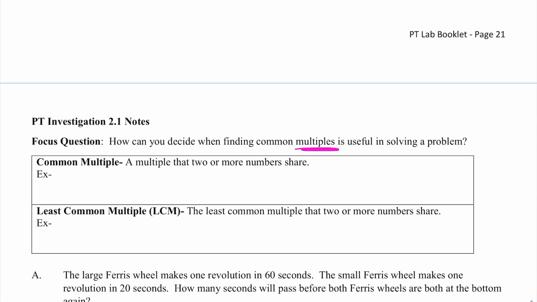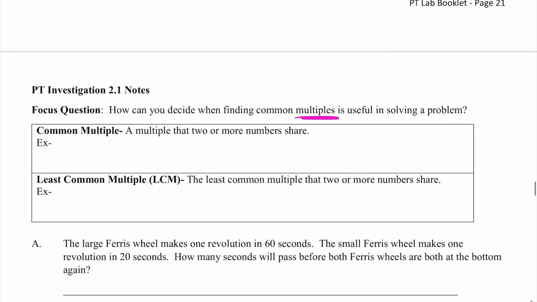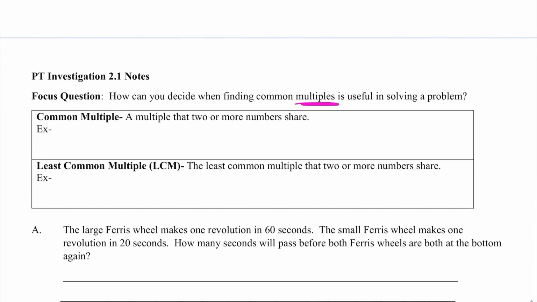You'll notice in this lesson that we're going to focus a lot on multiples. We talked about multiples a little in a previous lesson, but this lesson is going to focus on it completely, okay? We have some vocabulary here. Common multiple is a multiple that two or more numbers share.